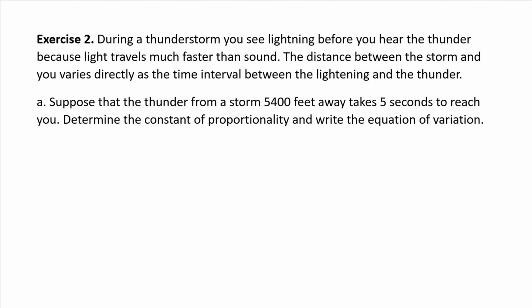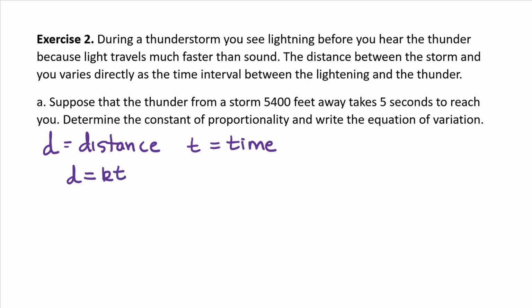Let's identify some variables. I will let d be the distance between the storm and you, and I'll let t be the time between lightning and thunder. For a direct variation, the model would be d equals kt, where k is the constant of proportionality.